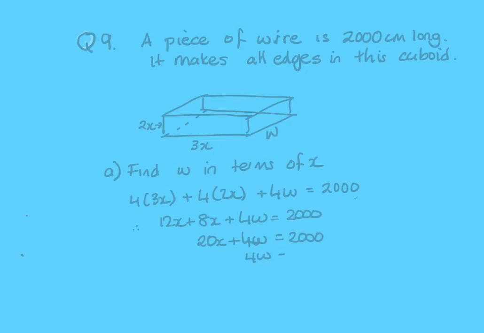I'll rearrange to get w by itself, so 4w is 2,000 take away 20x, and so w is 500 minus 5x. So we've done part A. We found w in terms of x.